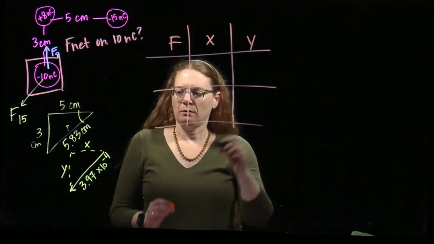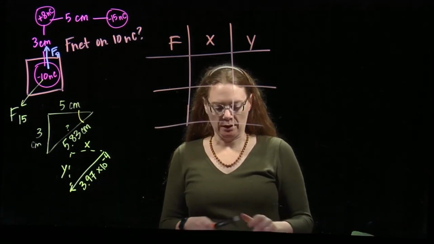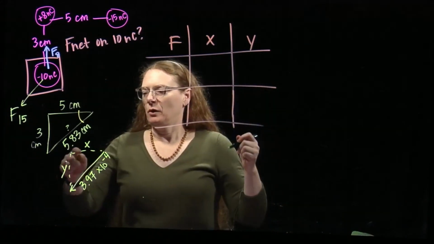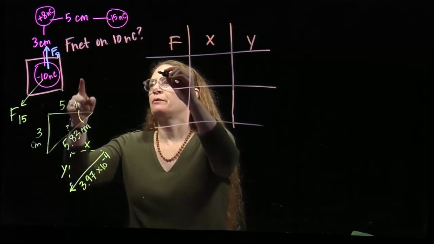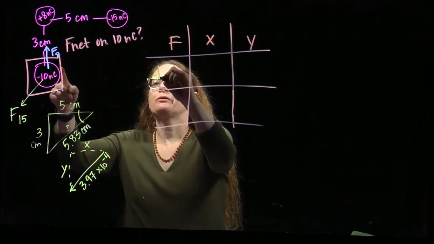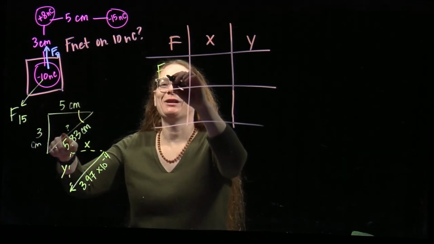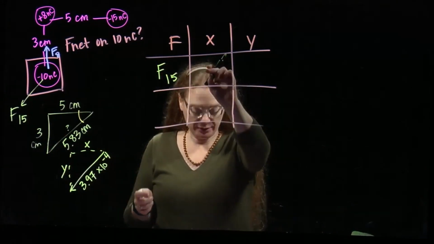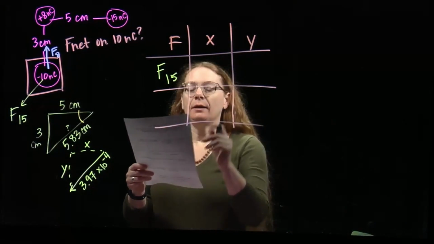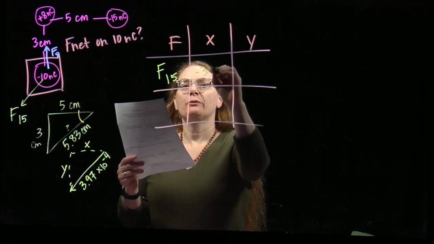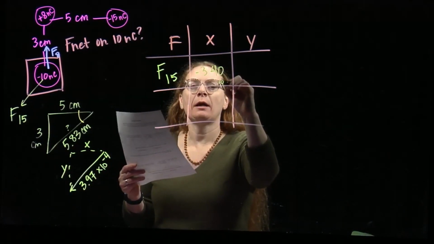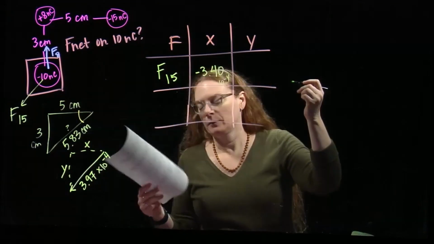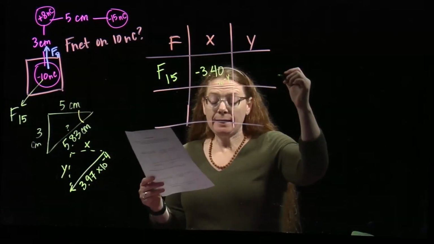All right. We have, what do we have here? So the force of the 15, I gotta be careful, acting on the 10. And this is what I just calculated. So the x was negative 3.40 times 10 to the minus 4, but all of our exponents are the same, so I'm going to be lazy.